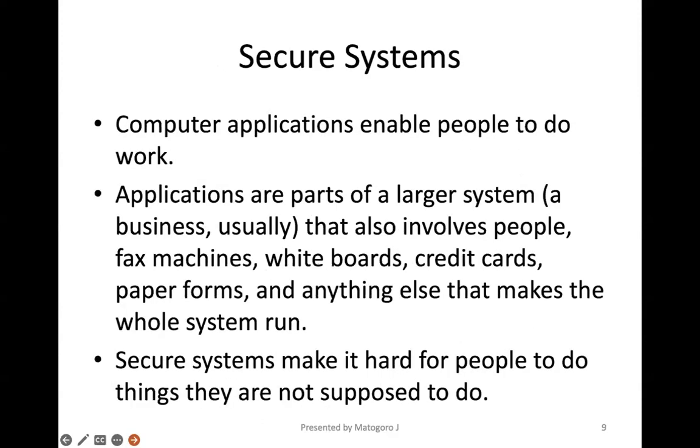In terms of secure programming, if we were to sit in a group of a few students, you should also be able to know what we mean when we mention secure programming. It's important to know that computer applications always enable people to do work, and we are all aware that post-COVID-19, most organizations shifted the way staff or employees work or interact with the systems.